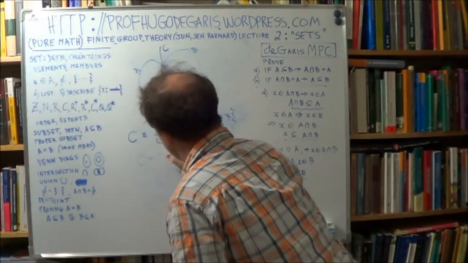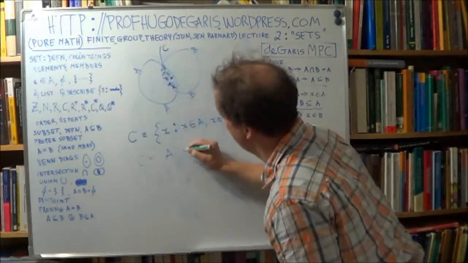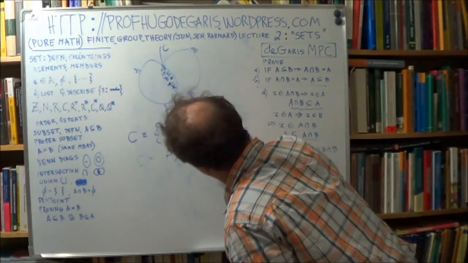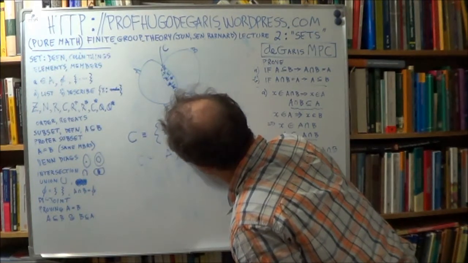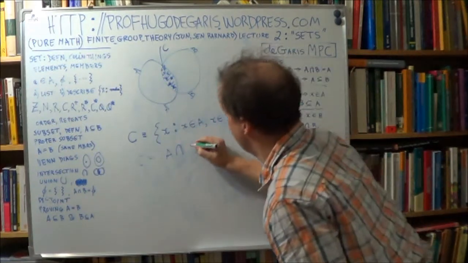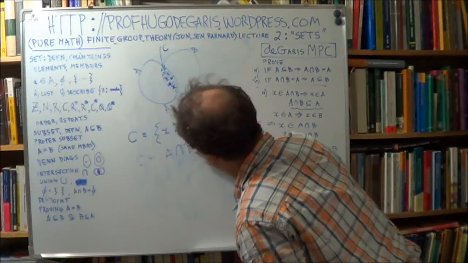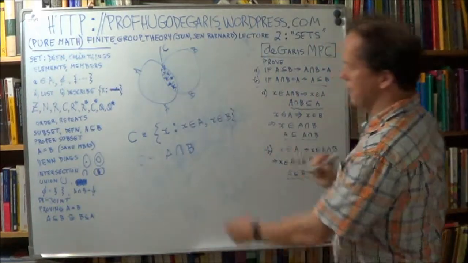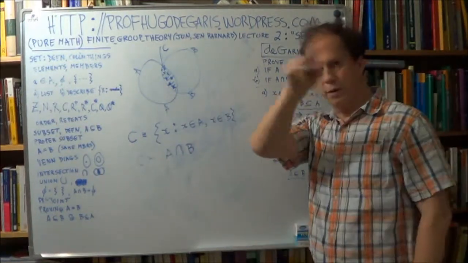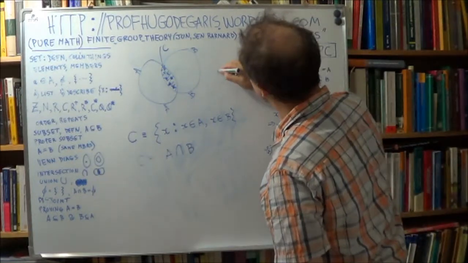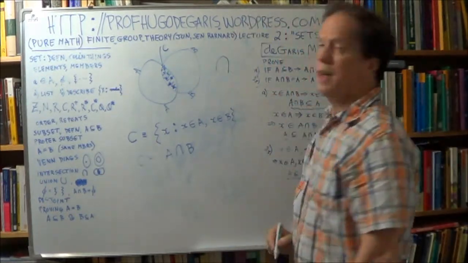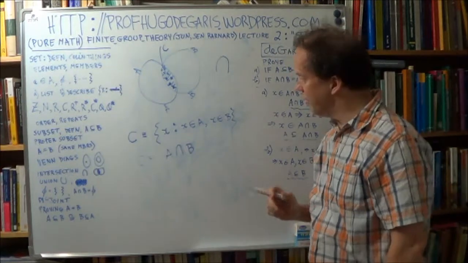Now there's a shorthand way of writing this. We just do it this way. C is just A and then a sort of semicircle, so sort of like this. That's the intersection sign. Okay?